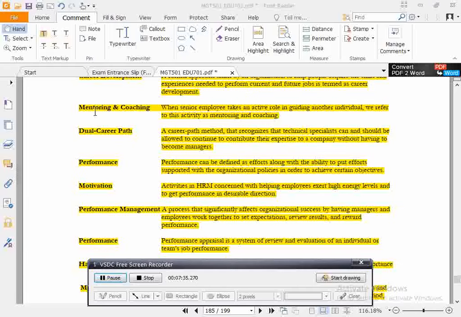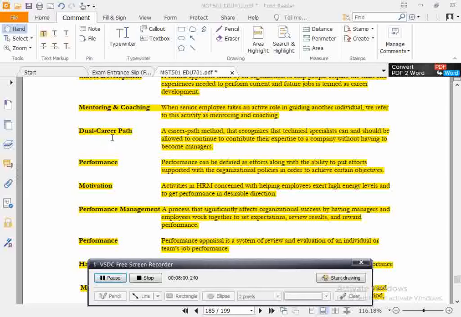Next is mentoring and coaching. When senior employees take an active role in guiding another individual, we refer to this activity as mentoring and coaching.